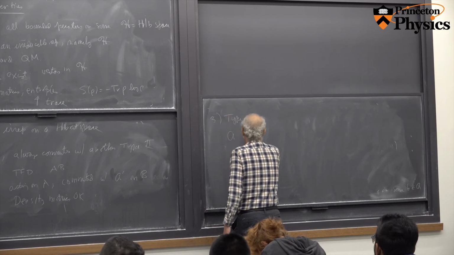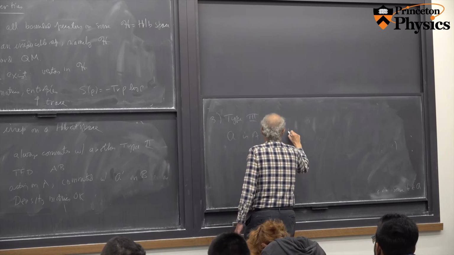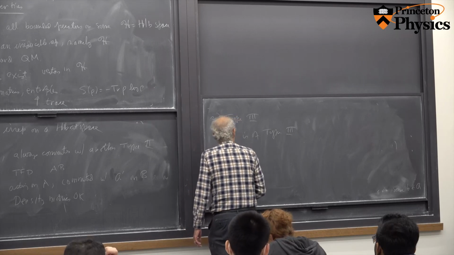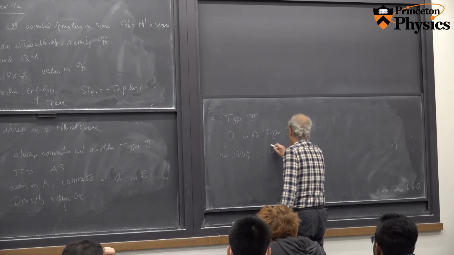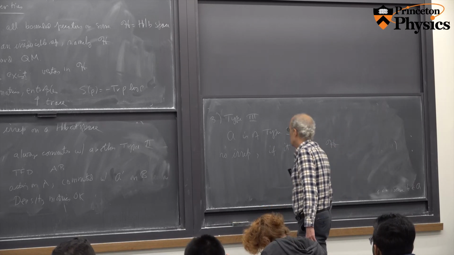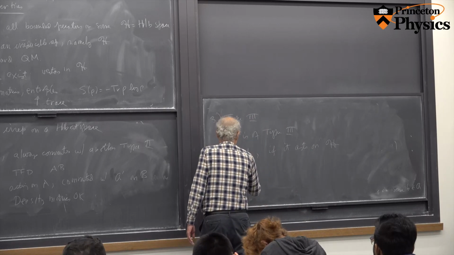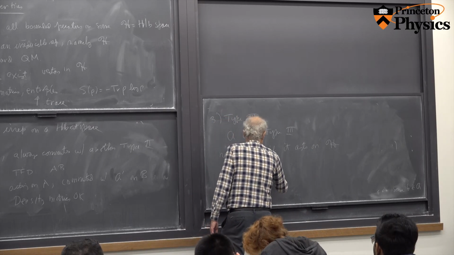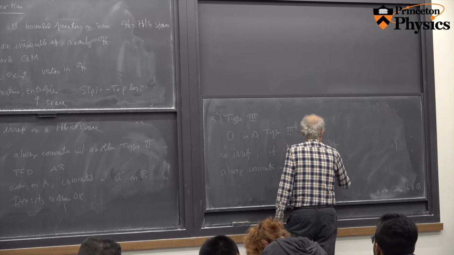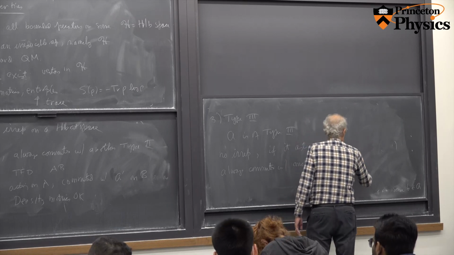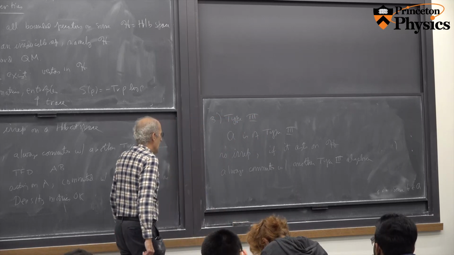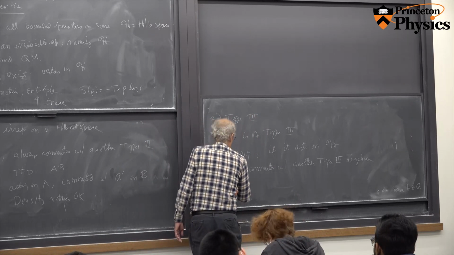So if A is of type 3, it has, first of all, no irreducible representation on a Hilbert space. If it acts on a Hilbert space, it always commutes with another type 3 algebra. And importantly, it has no trace.